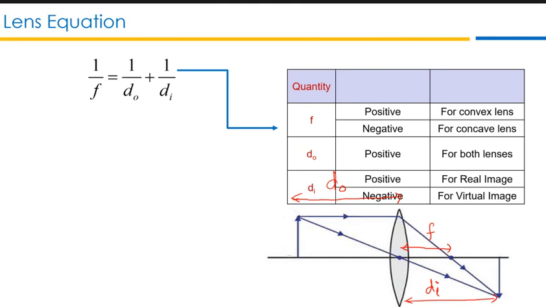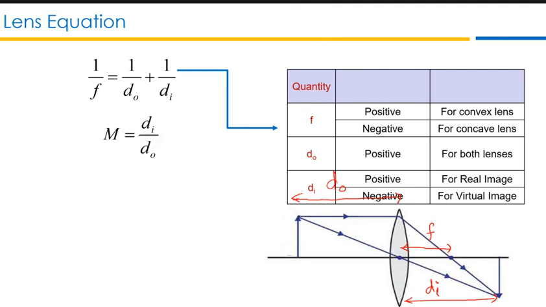In order to use this equation, you need to be careful. F is positive for a convex lens and negative for a concave lens. DO is always positive, and DI for a real image is positive, and for a virtual image it's negative. This equation can be used for both biconcave and biconvex lenses, but you need to be careful regarding F and DI.